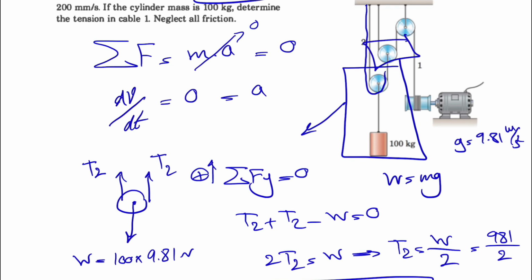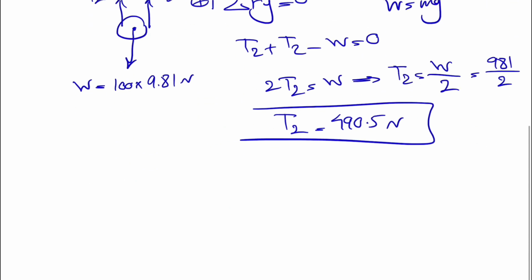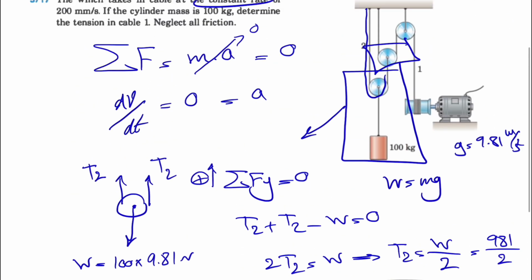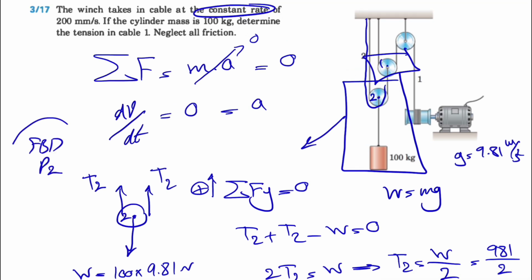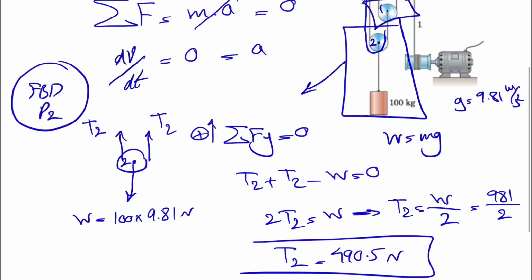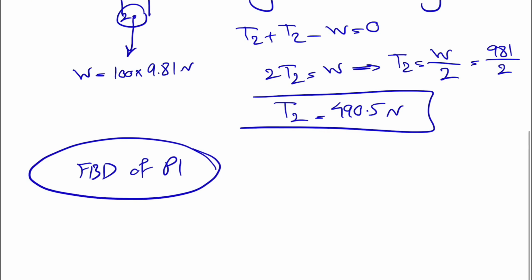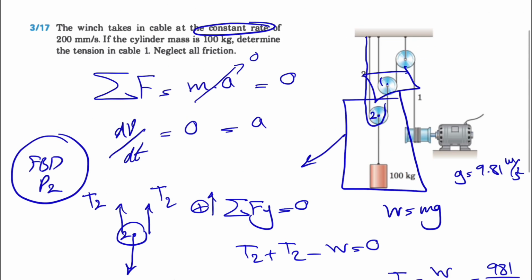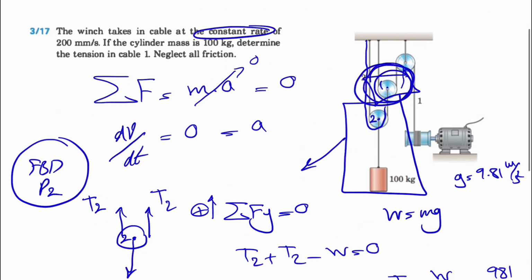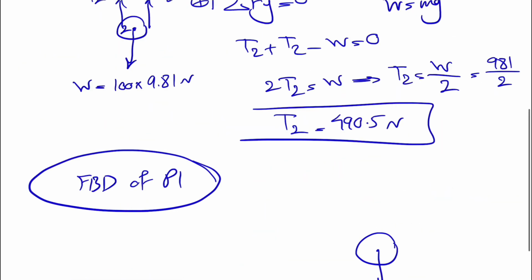So let's draw the free body diagram for the other pulley. We can call this pulley 2 and this pulley 1. For pulley 1, I'm talking about this pulley right here, we have the T2 at the bottom, and one single cable that goes around, which is T2.